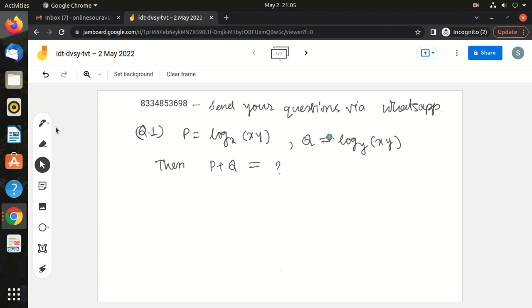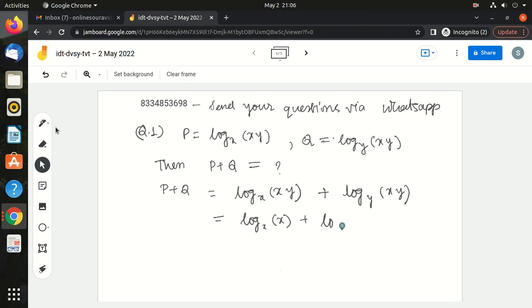Okay. So now P plus Q, this is equal to log x of xy plus log y of xy, and this is equal to log x of x plus log x of y plus log y of x plus log y of y.